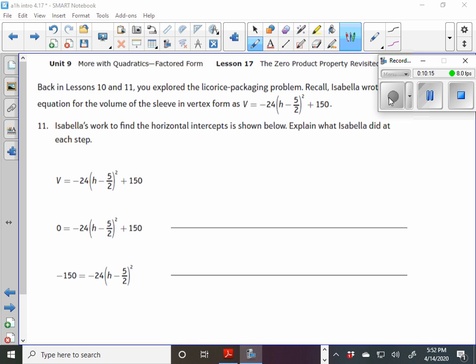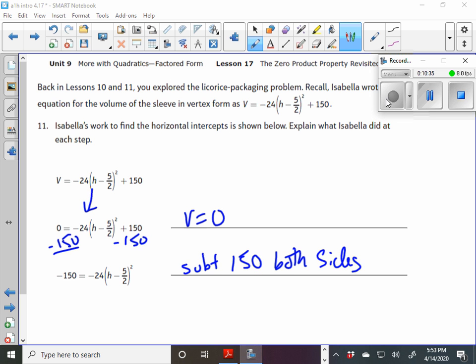If we're going to solve this, clearly from here to here, v equals 0. This allows us to use our zero product property. Next, we need to isolate. Okay, from there, I've got to divide by negative 24.